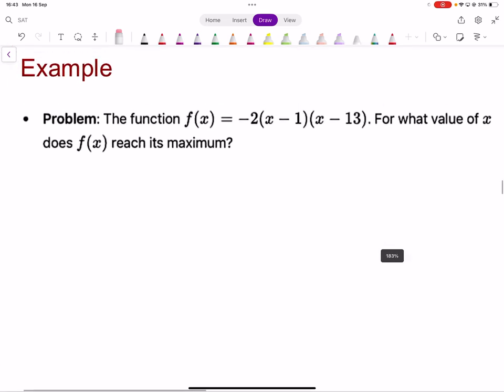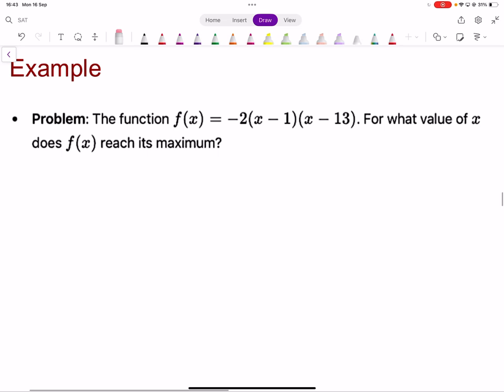Let's have a look at this quickly now. What's the value of x when f of x reaches its maximum? Seven, right?